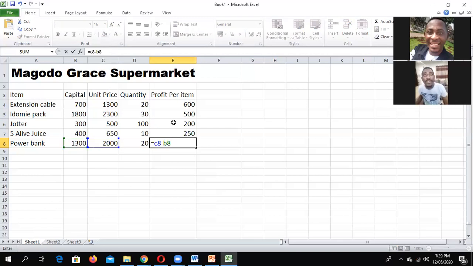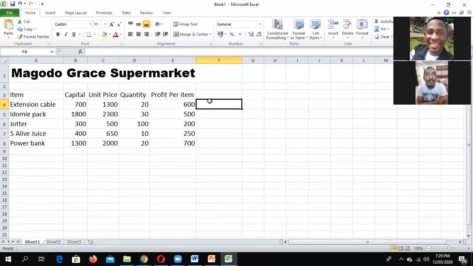So that gives us our answer. So what they made per item is this. Now, the next thing I want us to learn is the total. I want us to calculate their capital, their overall capital. So we're going to type here overall.